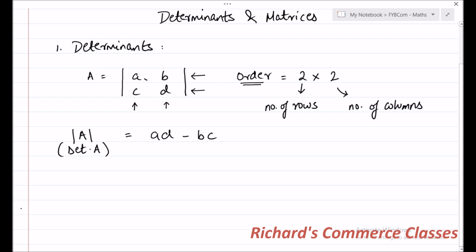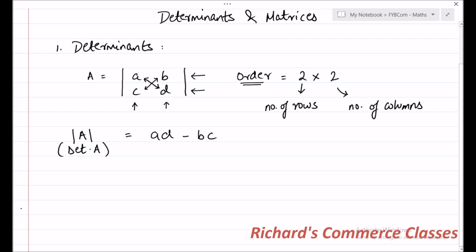It is the cross multiplication between the diagonal elements, and the operator in the middle is a minus sign. So the value of a 2 by 2 determinant is ad minus bc. Cross multiply the diagonal elements and the sign in the middle will be a minus sign.